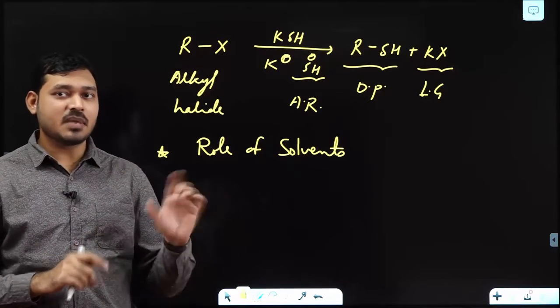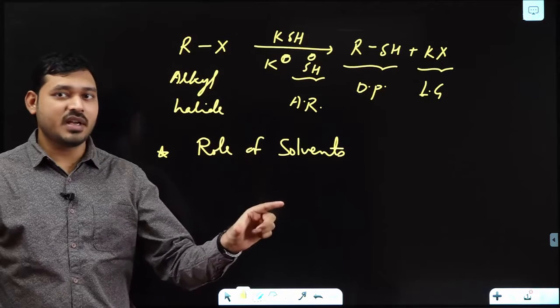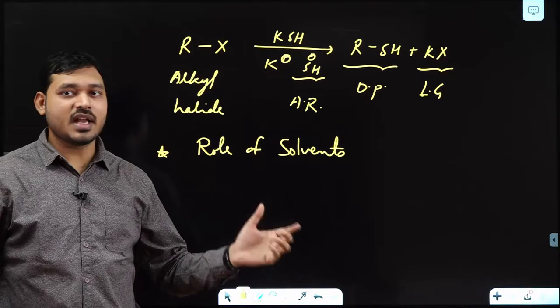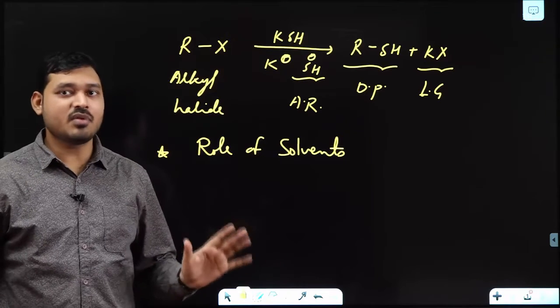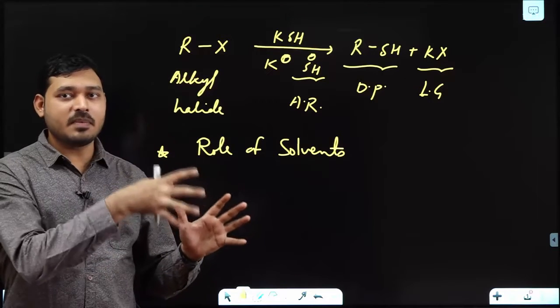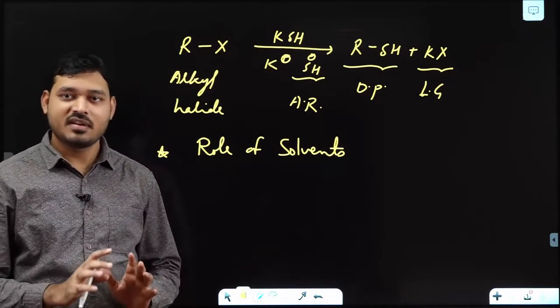Then what happens, suppose there is a polar solvent and the intermediate generated in the reaction is also a cation or anion or free radical. Then the polar solvent can interact with the polar part generated in the reaction. Clear?